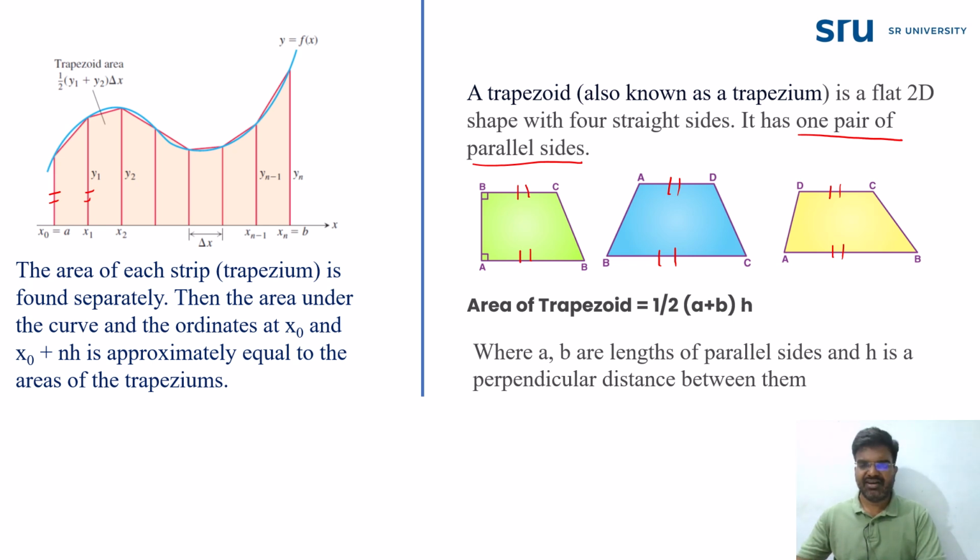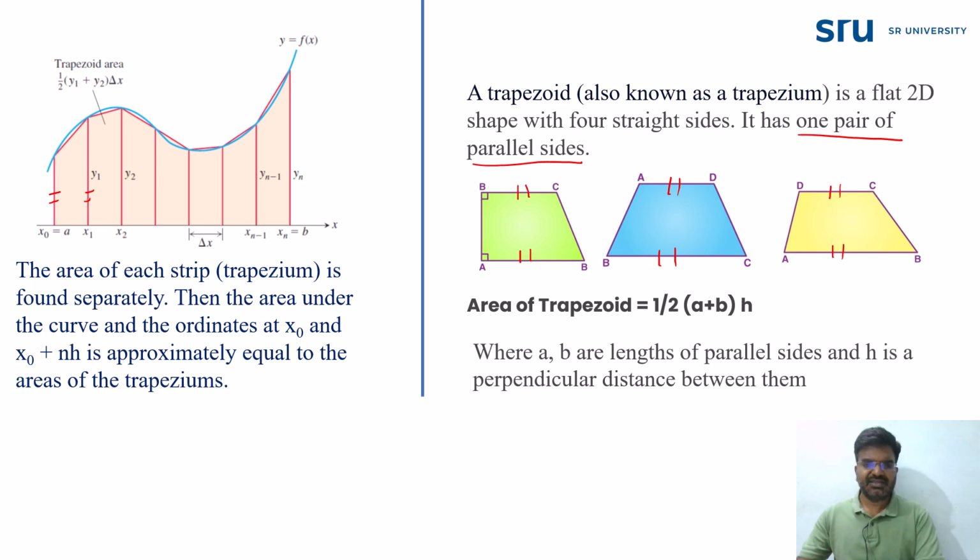Now, what is the area of a trapezoid or trapezium? Half of (a plus b) into h. Here a, b means the lengths of the parallel sides. h means the perpendicular distance between the two parallel sides. So half of (a plus b) into h.